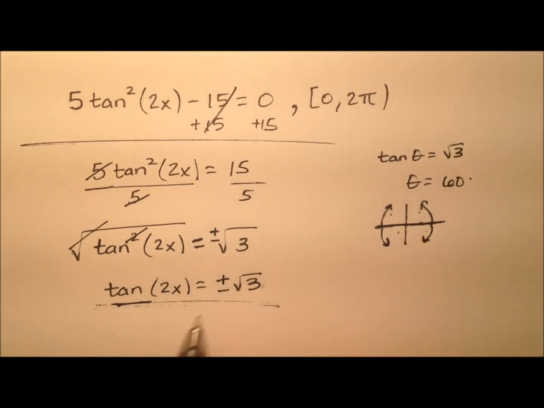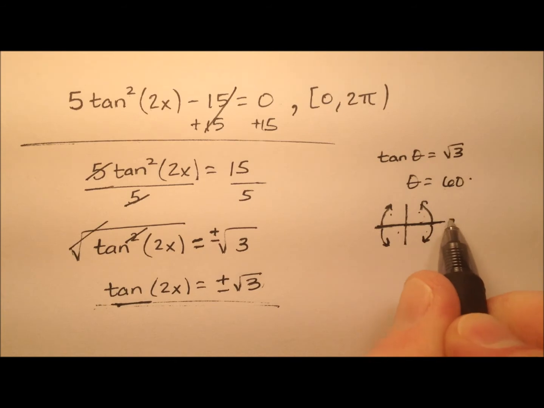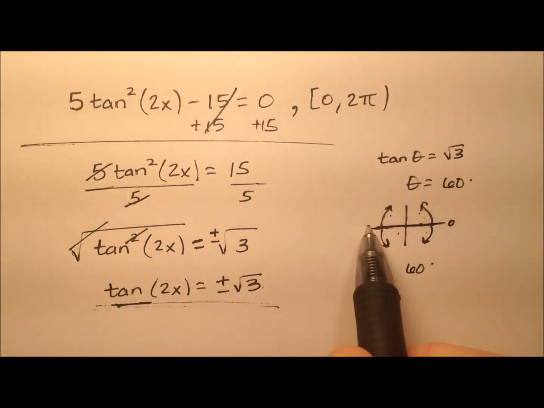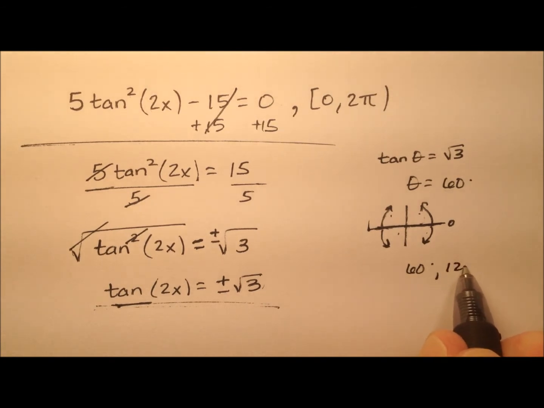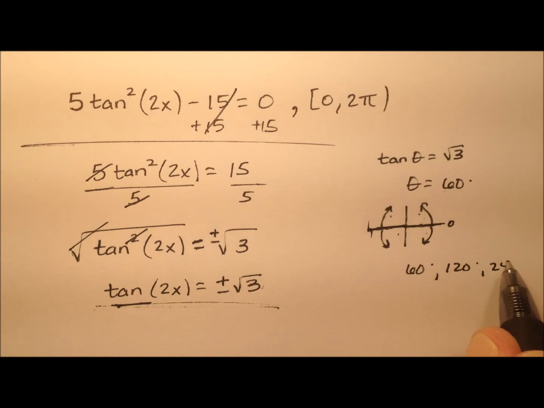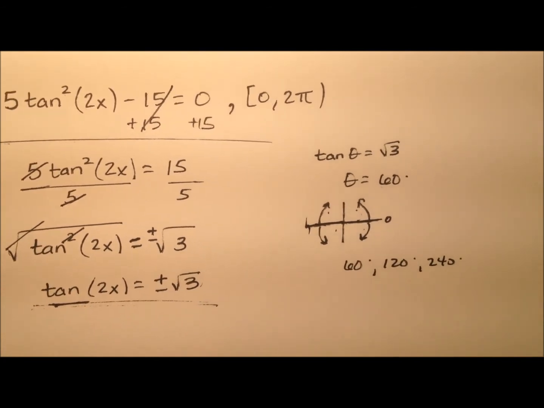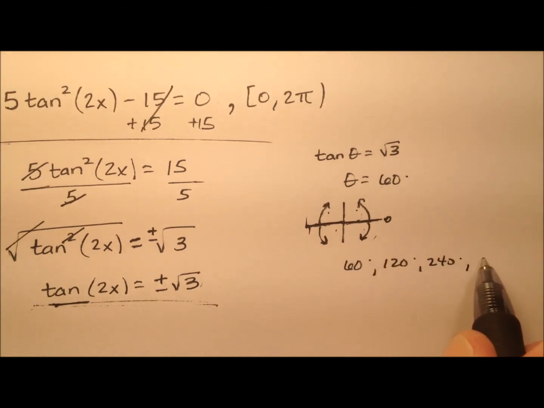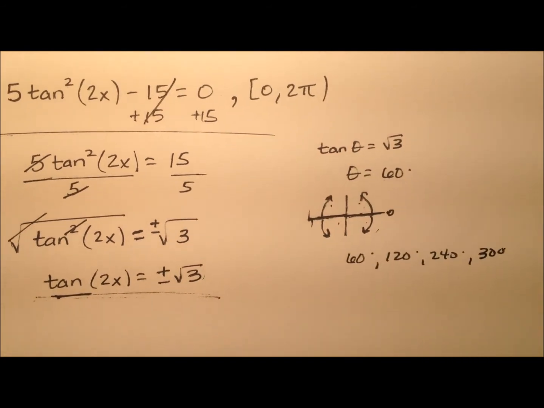So we measure here. So it'll be 0 degrees plus 60, so that'll be 60 degrees. And then 180 minus 60, so that'll be 120 degrees. 180 plus 60, so that'll be 240 degrees. And finally, 0 minus 60, or you could say 360 minus 60 is 300 degrees.